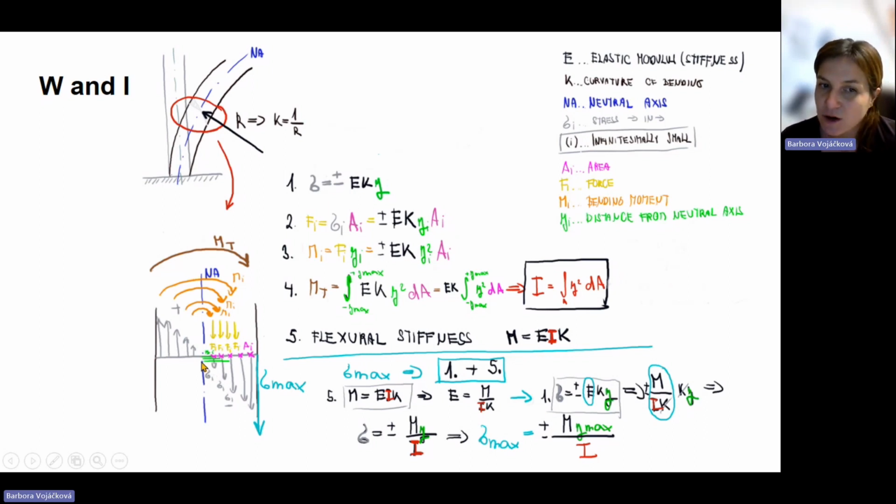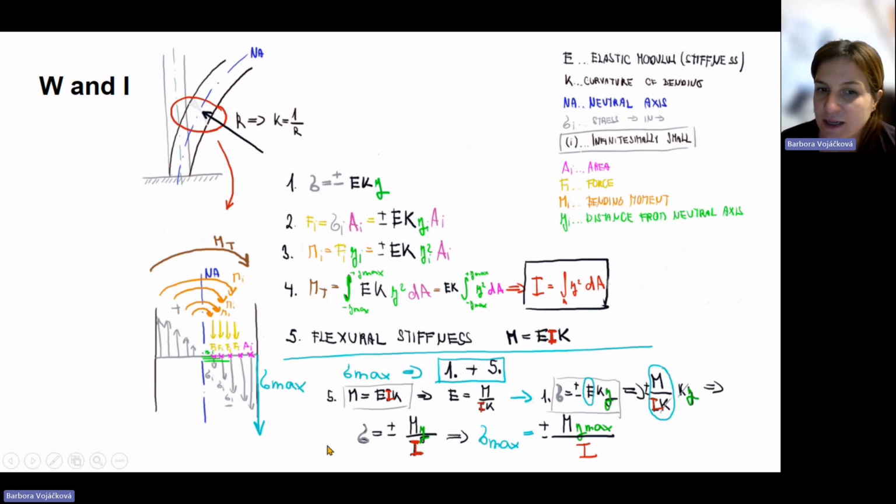Because we know that the maximum stress in the stem is on the edge of the cross section, we use the equation for the stress analysis and the equation for the stiffness, and we substitute one into the other.